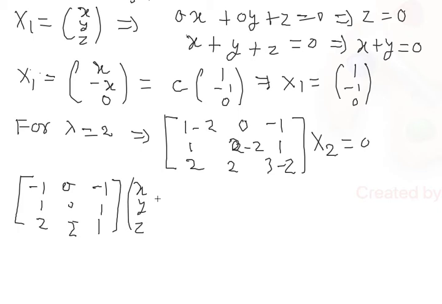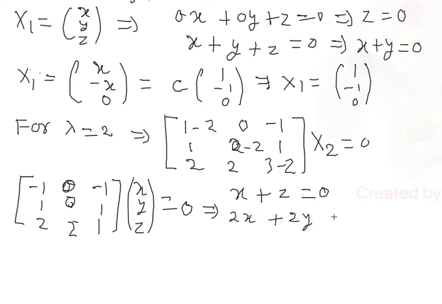Here you can see the first row and the second row are identical, so we have to leave one of them. Let's say the first row is removed. From the second row we get x plus z equal to 0, and from the third row, 2x plus 2y plus z equal to 0.